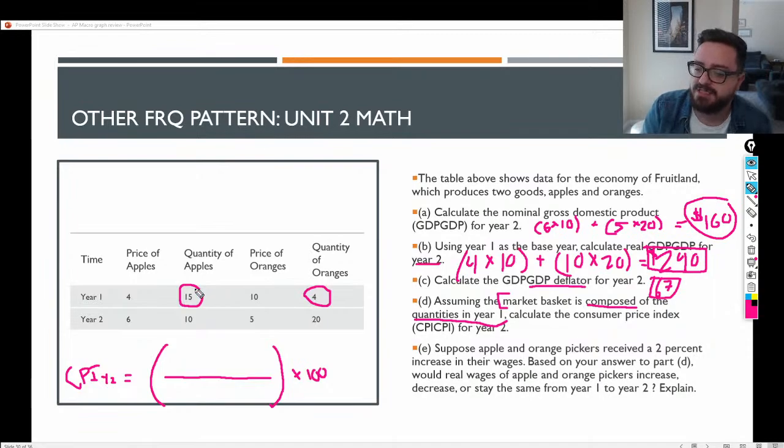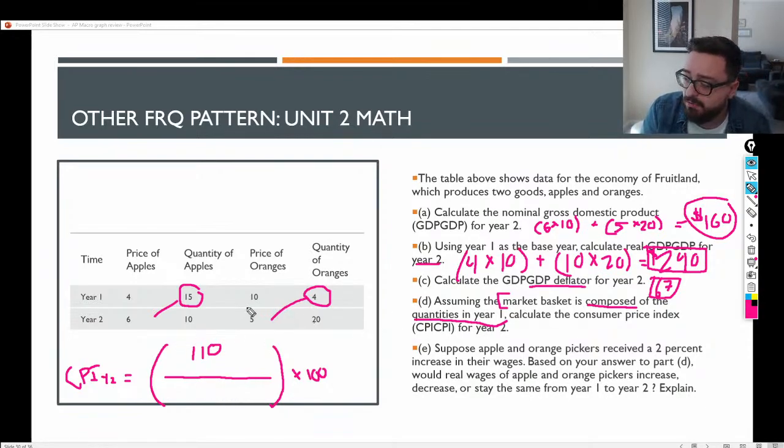How much did it cost to get 15 apples and 4 oranges in the current year, year 2, and the base year, year 1? Well, in year 2, 6 times 15, 5 times 4. 6 times 15 is 90. 5 times 4 is 20. So it would be 110, which you're like, uh-oh, this can't be good.